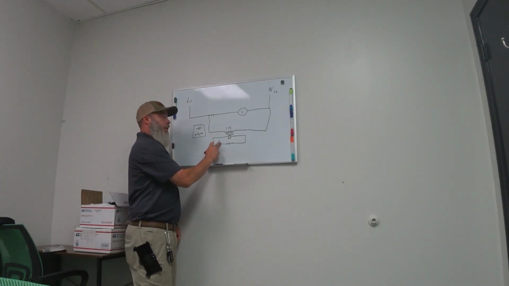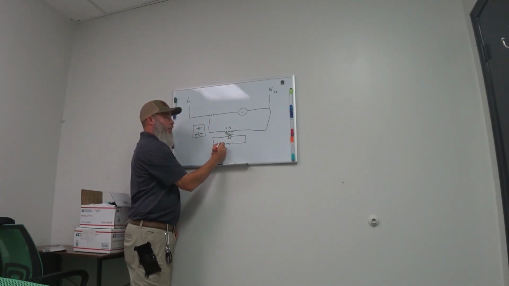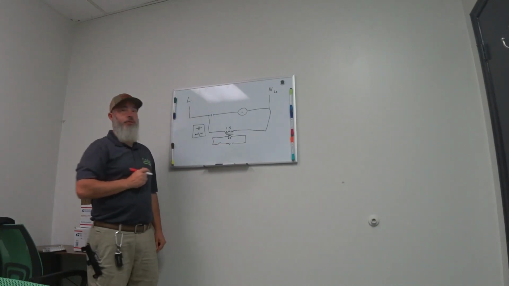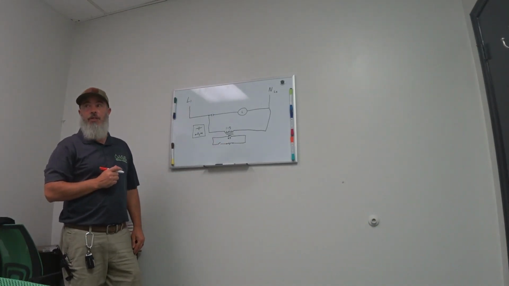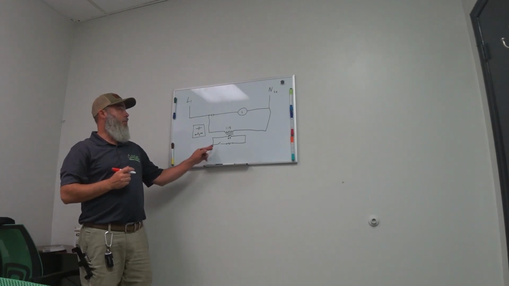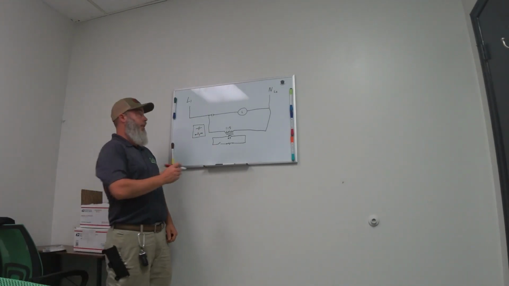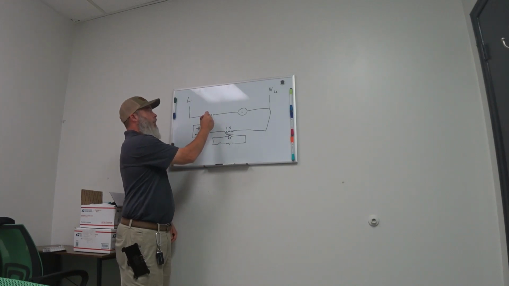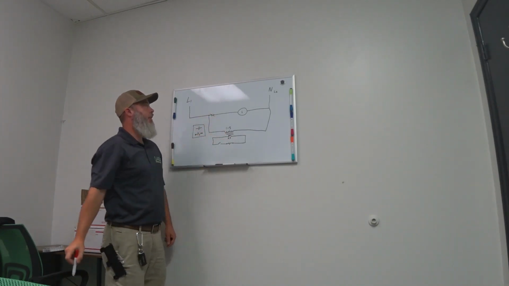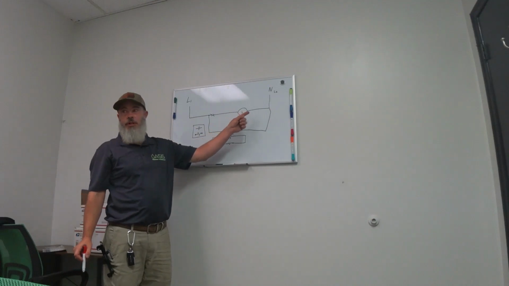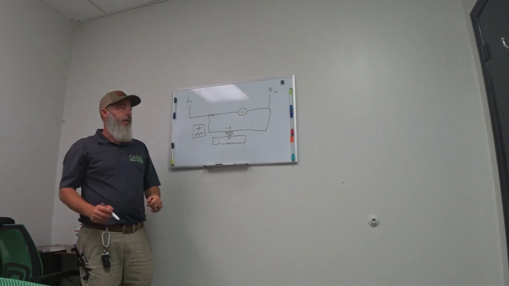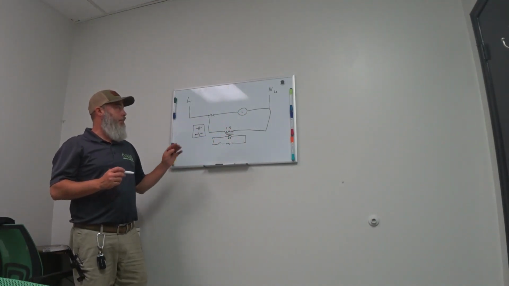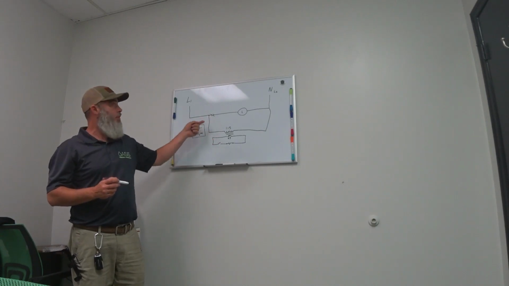Now, we're probably going to want to put a switch in here so that that coil is not energized all the time. Because when we flip a switch, it's going to energize this coil of this contactor, which is going to close this contact, and that's going to complete the circuit going to your load. And the purpose of using a contactor, we could just put a switch here, right?